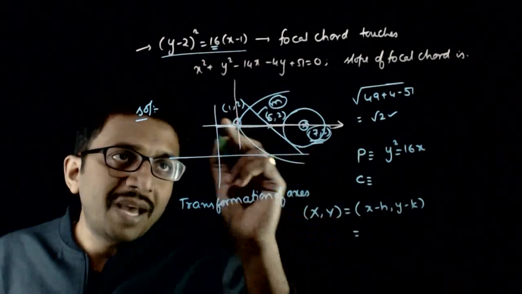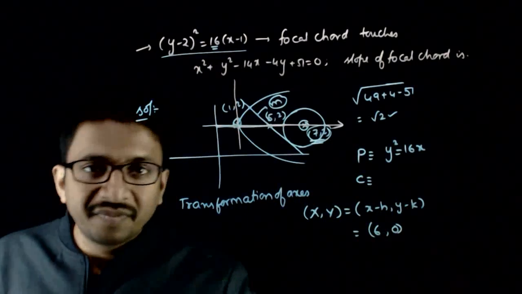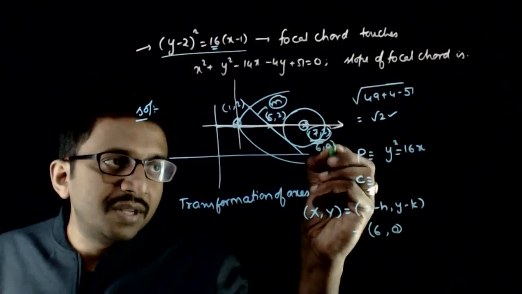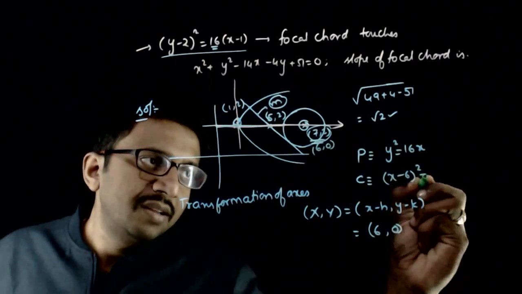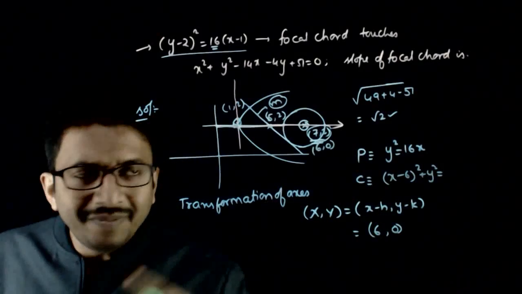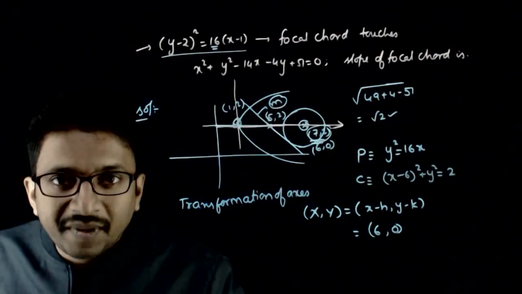That is 7 − 1 = 6 and 2 − 2 = 0. So now the center has become (6, 0). So the circle is (x − 6)² + y² = 2, since the radius doesn't change, right?